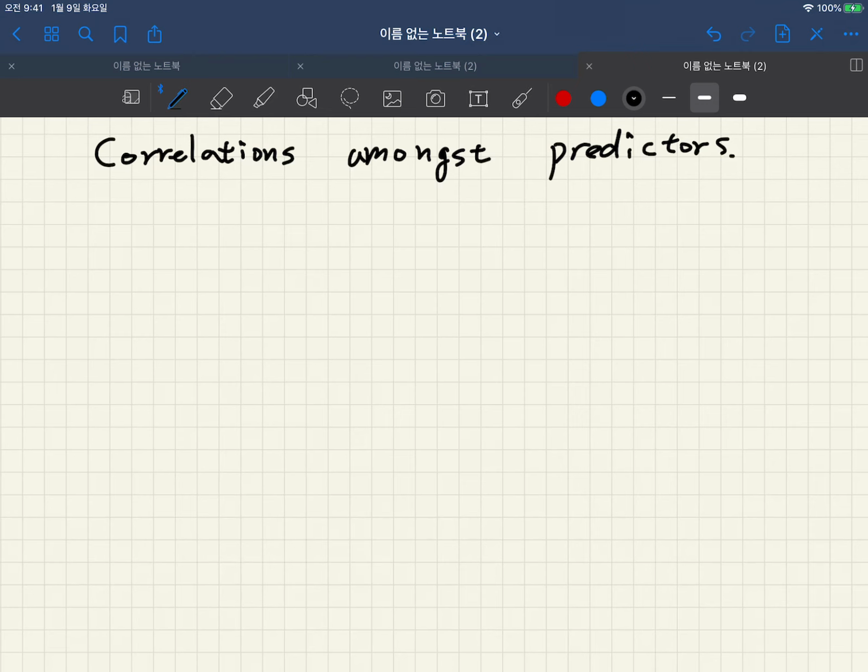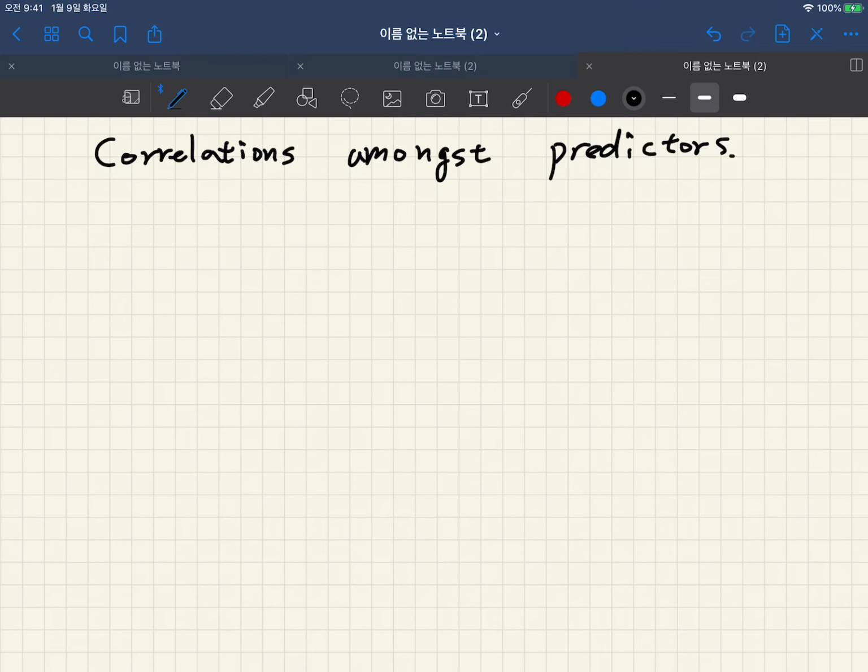If you just want to minimize the training error, you have to increase the number of predictors, the number of parameters. But training error is not the important thing. Our real goal is to minimize the test error, right?